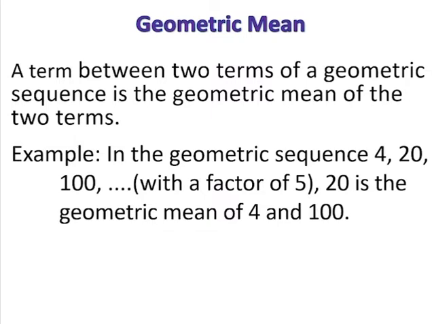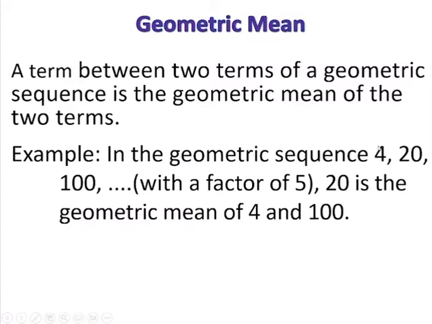The term between any 2 terms of a geometric sequence is the geometric mean. How do we know that? If I have 4, 20, 100, if I multiply 4 by 5, I get 20. If I multiply 20 by 5, I get 100, which means this is a factor of 5. So how do we get this 20?